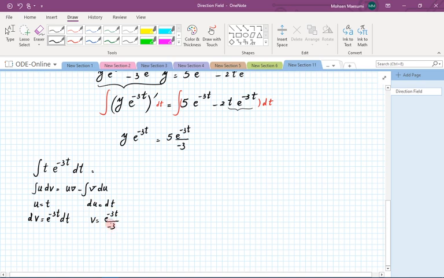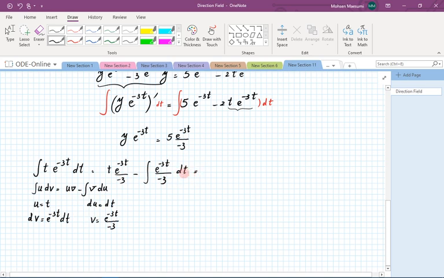So this integral is going to be u times v, that's going to be t exponential of minus 3t over minus 3. So this uv is that, minus v du, where v is this expression, and du is now our dt.